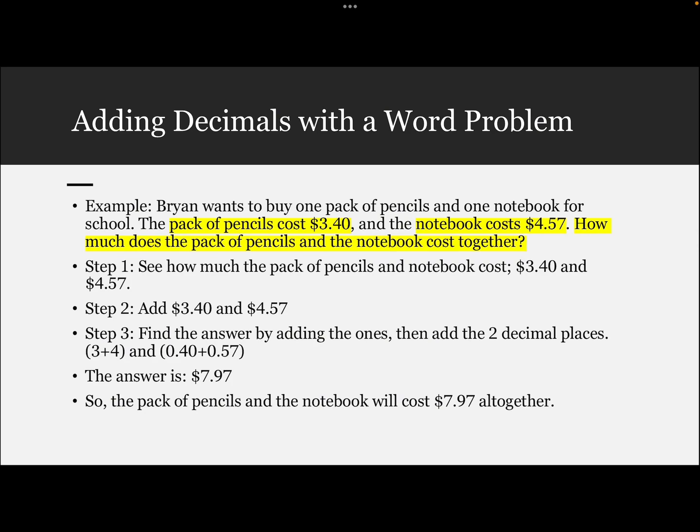When you do that, 3 plus 4 equals 7, which is the ones place, and 0.40 plus 0.57 is 0.97, so that is the tenths and the hundredths place. So, the pack of pencils and the notebook will cost $7.97 altogether.